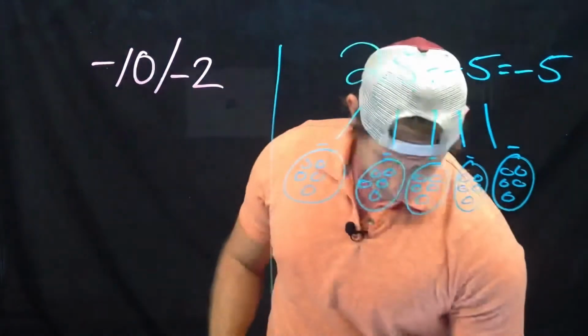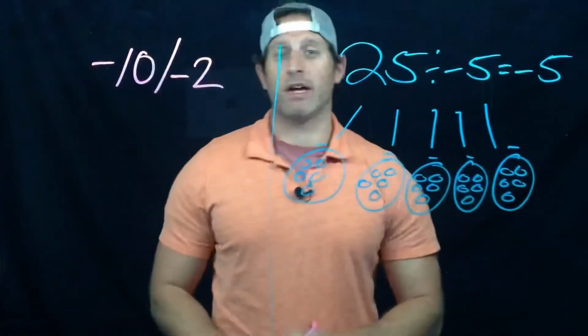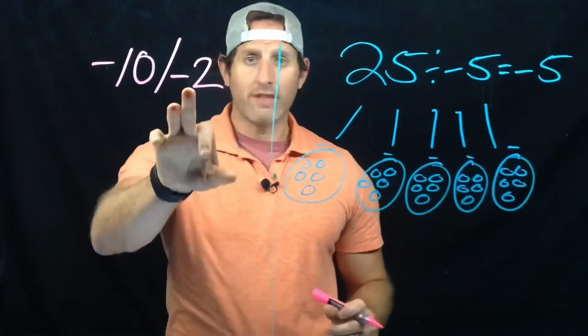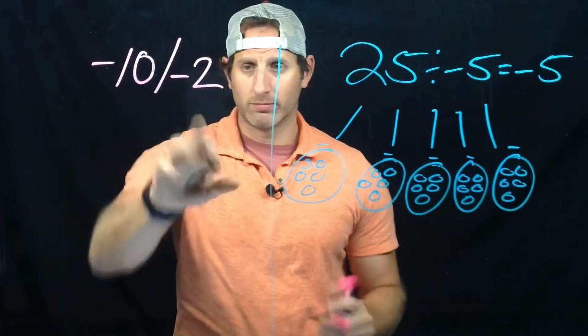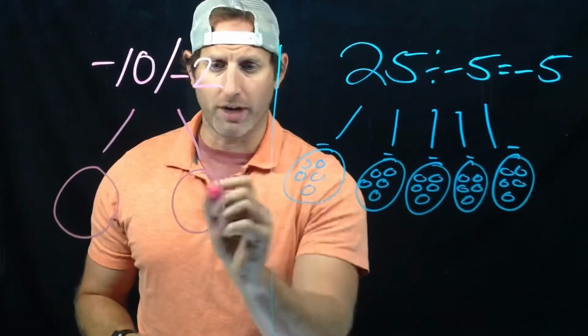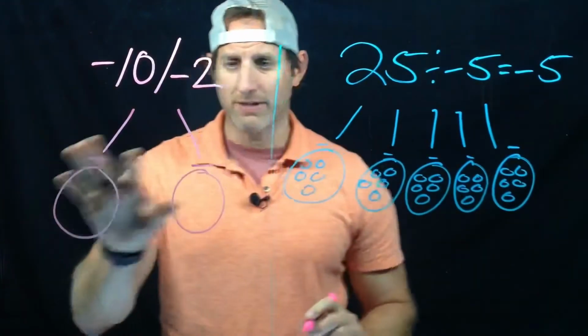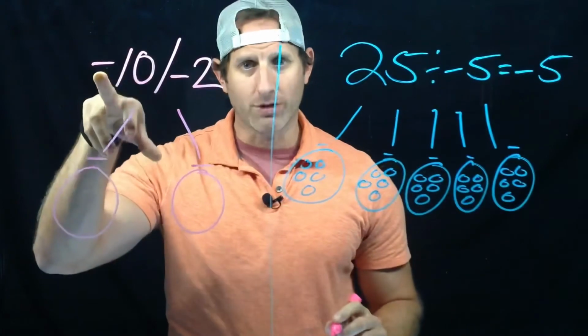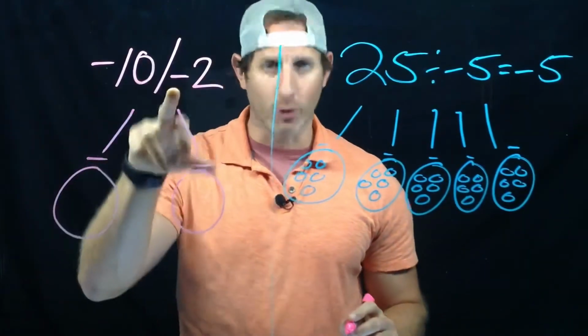Let's put a line down the middle. Let's take a look at pink. We're going to do the exact same thing. We're going to be splitting it into negative groups of 2. So immediately I'm going to make a group over here and a group over here. I'm going to remind myself that these are negative groups. And then it says I'm taking negative counters and splitting them into negative groups.